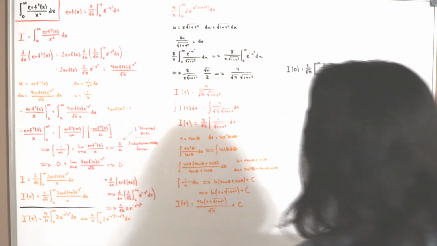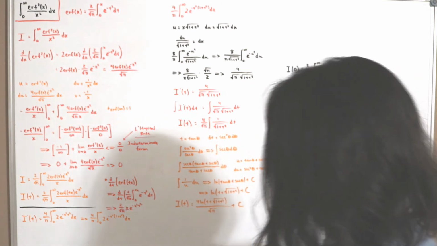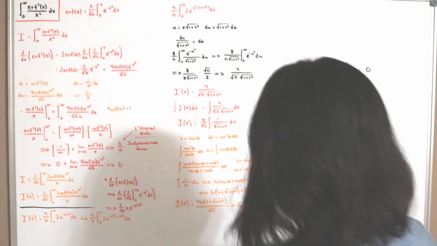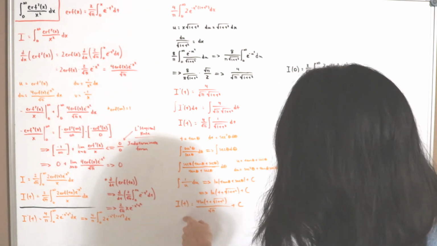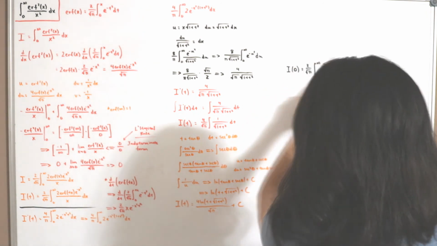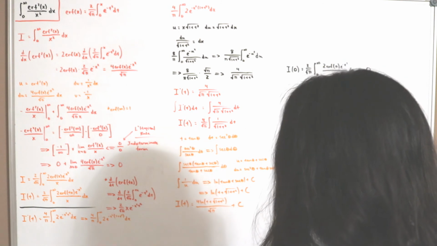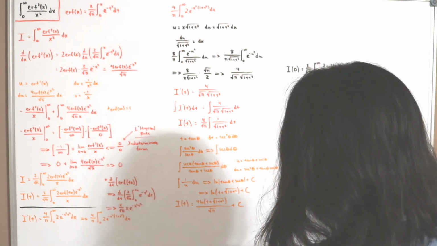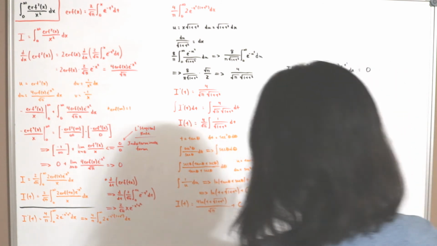But clearly, the error function of 0 is going to equal 0, so this whole thing is equal to 0. Okay? So going back to here, we've shown that I of 0 is equal to 0, so we found the condition we want to solve for our constant c.